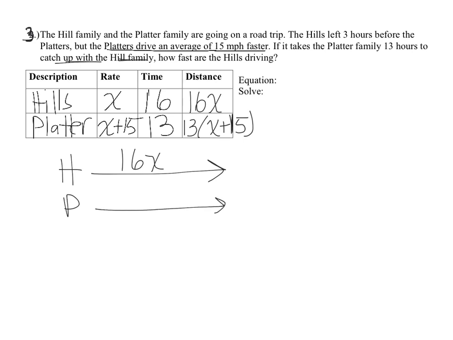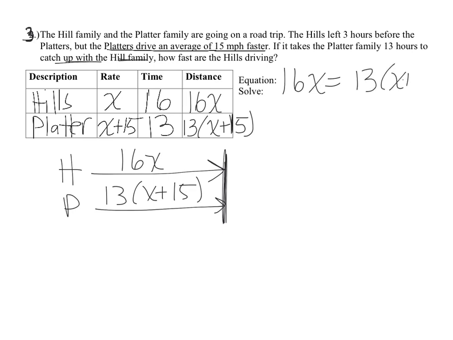Their distance is being measured by 13 times x plus 15. And they're going to meet up. And once they meet up, their distances will be equal. So my equation again, I'm going to solve 16x equals 13 times x plus 15. So when you do these problems, the equation, you're always going to do something with the distance column. So this column is going to be how we come up with our equation.